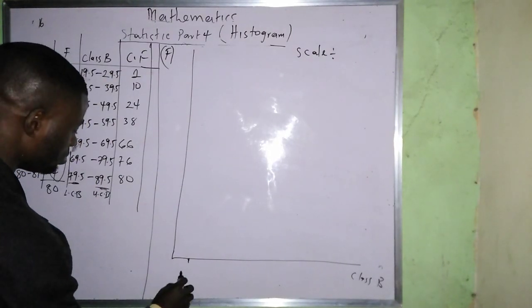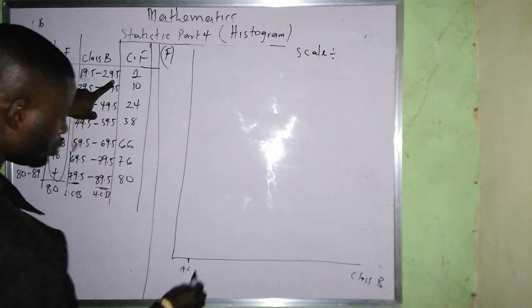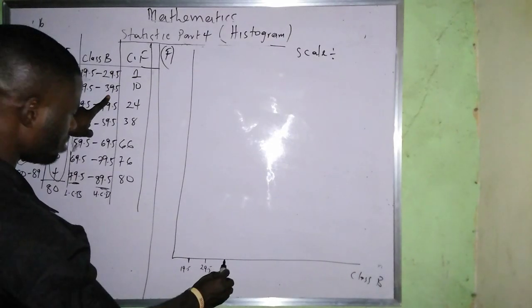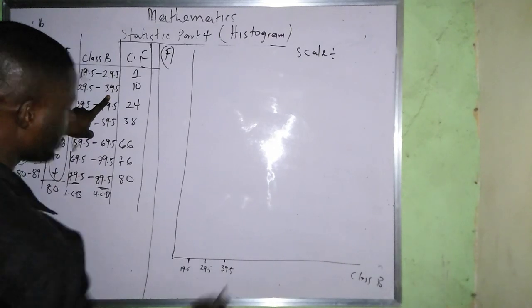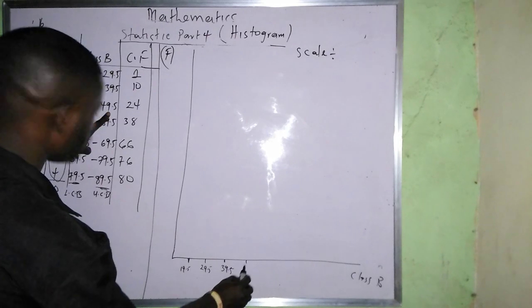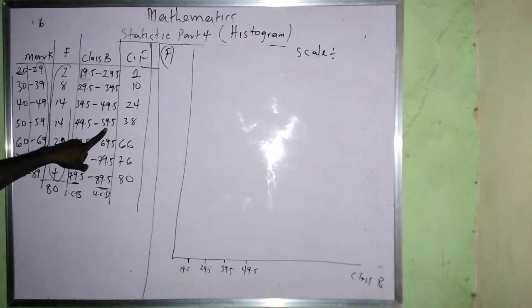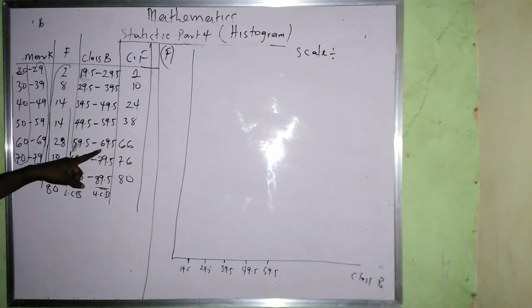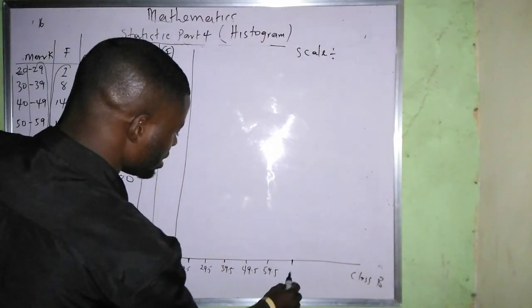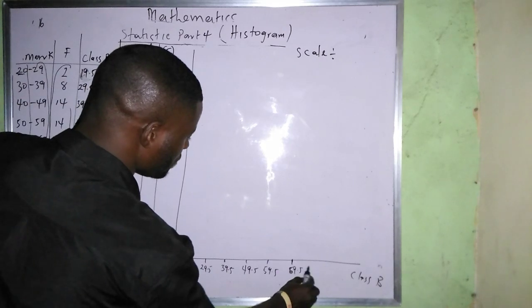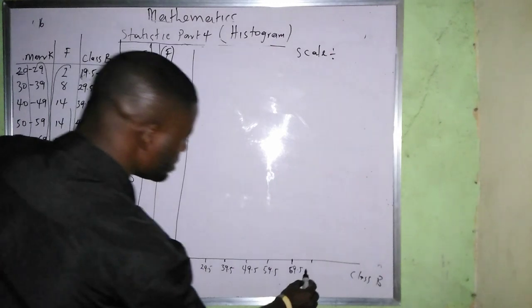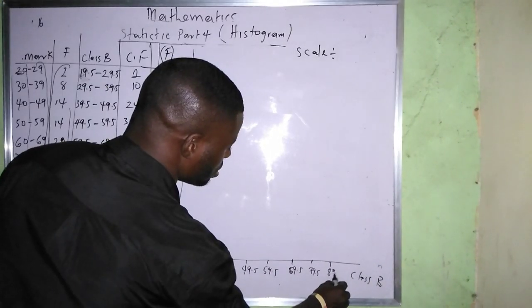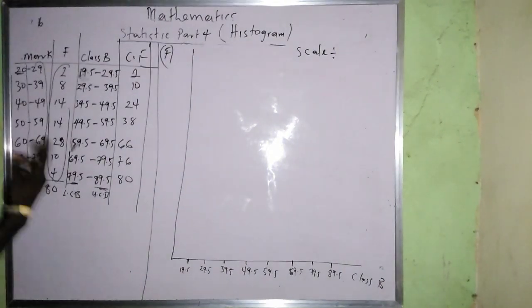This can be my 19.5, followed by 29.5, followed by 39.5, followed by 49.5, followed by 59.5, followed by 69.5, followed by 79.5, followed by 89.5. Now, can you see that the thing is continuous?